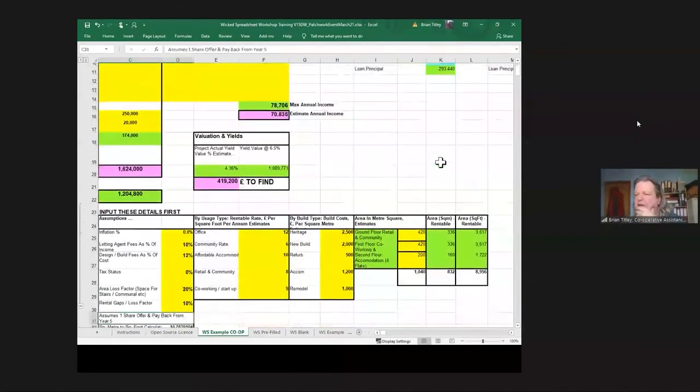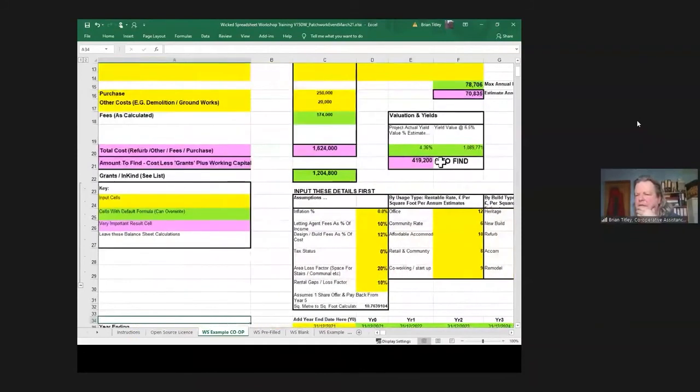So we start off with these parameters that are in there. So we put in inflation, we put in the letting agent fees, the design and build percentage of cost. I think I'm just trying to remember some of this.